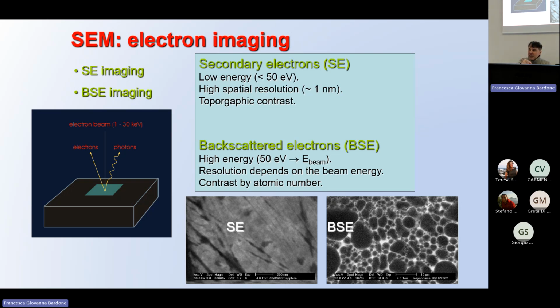So with this engineering trick, collecting electrons which come from the surface with very, very low energy, I have the chance to collect only those close to the surface. And if I use these electrons to create an image, which type of image would I have at the end?